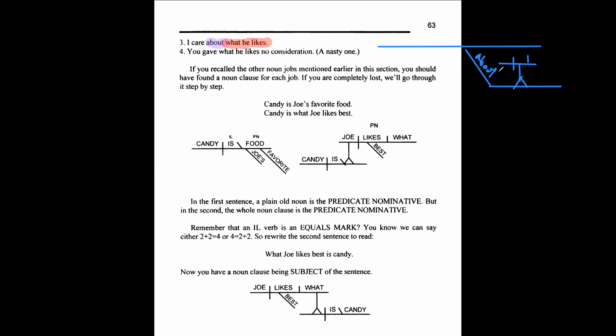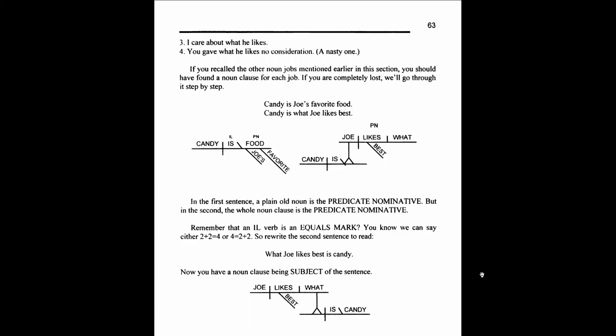You gave what he likes no consideration. Now for this one, you gave what he likes no consideration. You gave, you is the subject. Where's our verb? Gave, right? So use our subject. Gave is the verb. What he likes, no consideration.